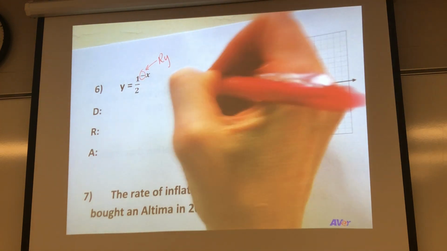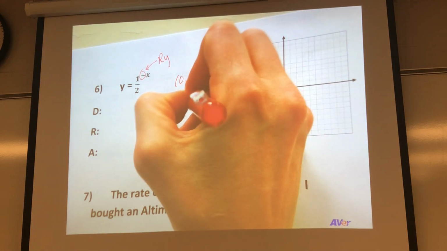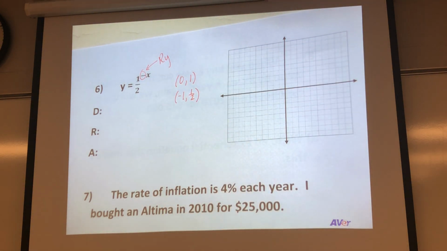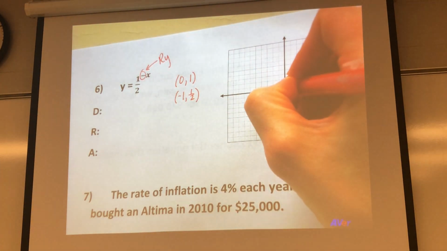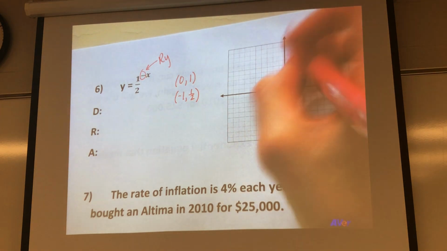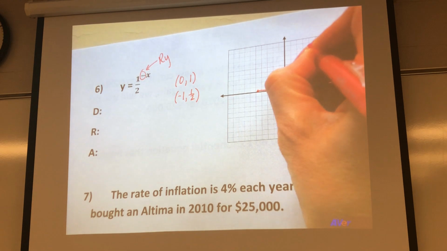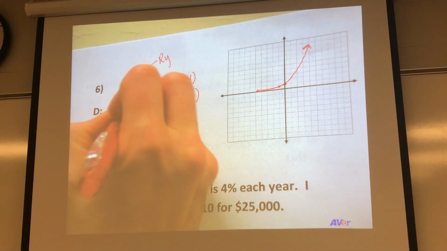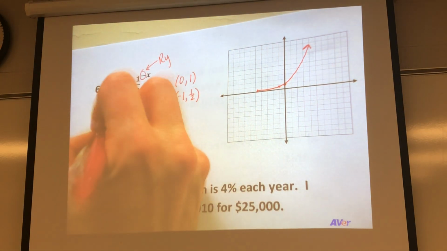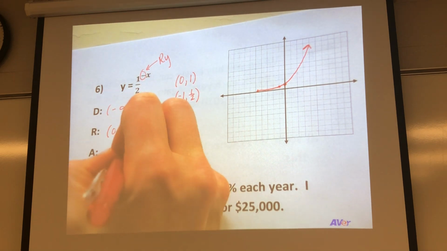And then we have the point (1, 1/2). So now we have (-1, 1/2). So (0, 1) and (-1, 1/2). We're reflecting it over the y-axis, which makes a decay function look like a growth function. So -infinity to infinity, 0 to infinity, and y equals 0.